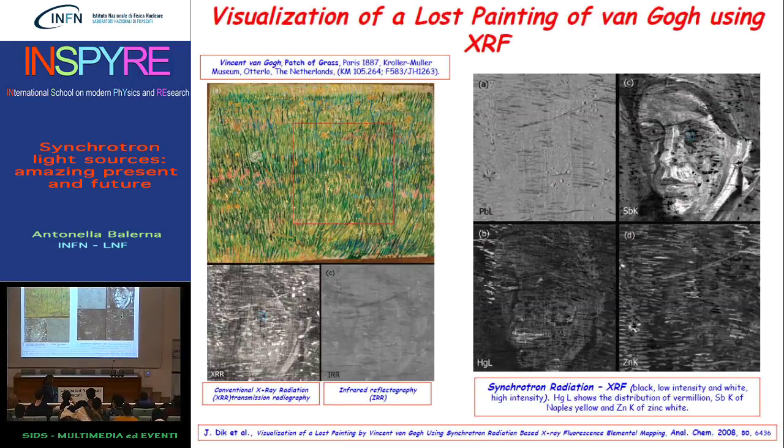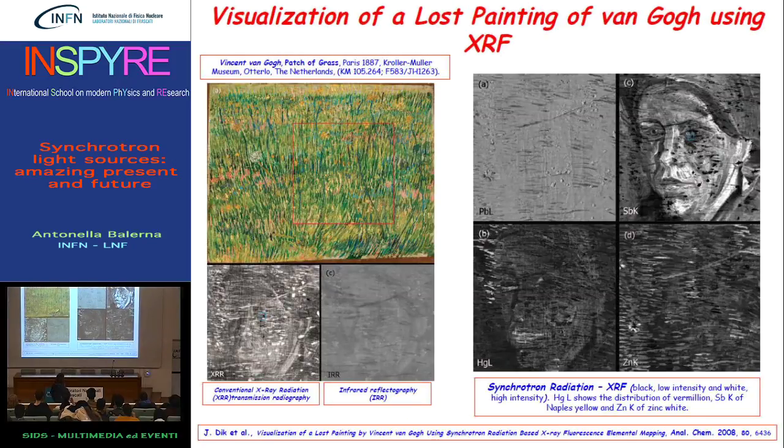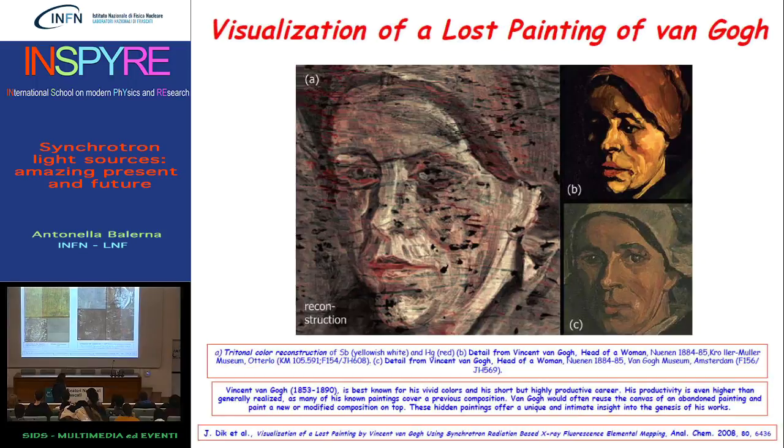Here, you excite the colors because you are exciting different elements and you measure fluorescence. Here, you put all your information together, giving them a color, and you can see what is behind this. And what does this? These are faces of other paintings of Van Gogh. Why is this important? This is important because it tells you two things. Van Gogh was very poor, so he was using the same canvas also to make some trials of his paintings.